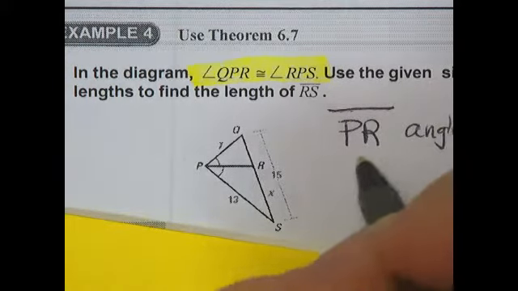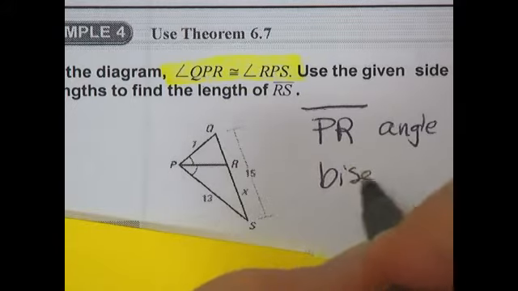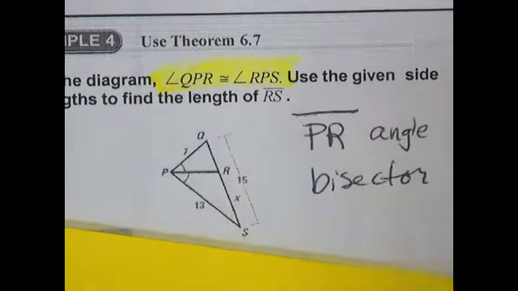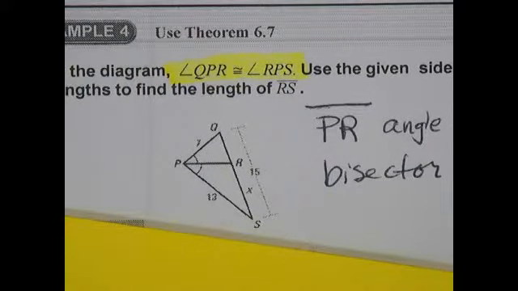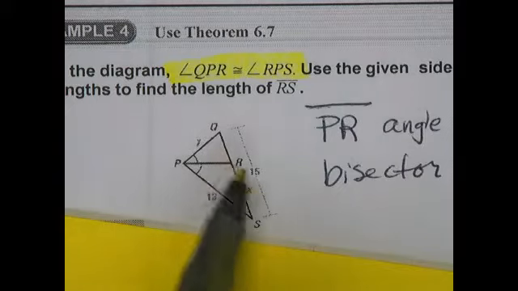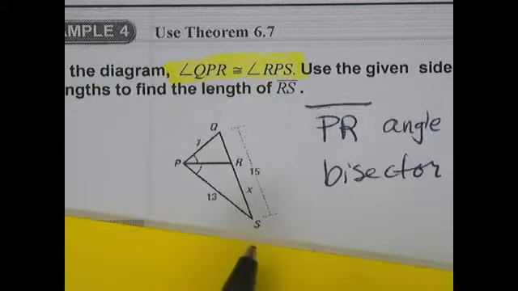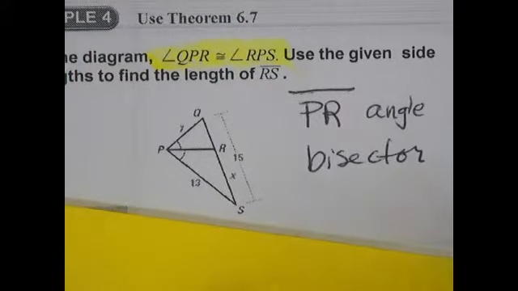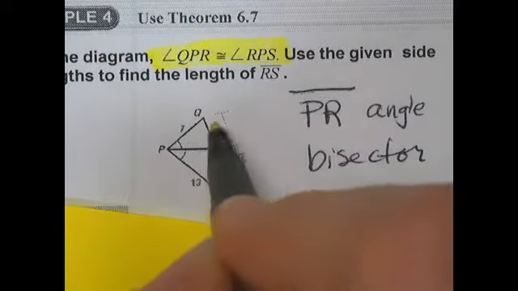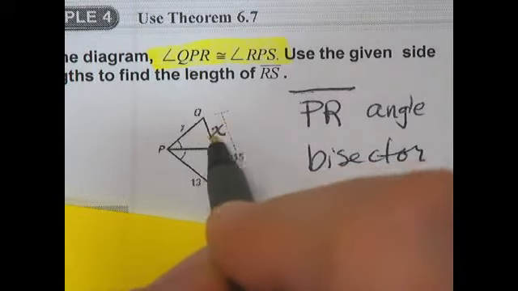Well, if this angle and this angle are congruent, doesn't that mean that PR is an angle bisector? So that's going to be working with theorem 6.7, which says if a ray bisects an angle of a triangle, then it divides the opposite sides into segments whose lengths are proportional to the lengths of the other two sides.